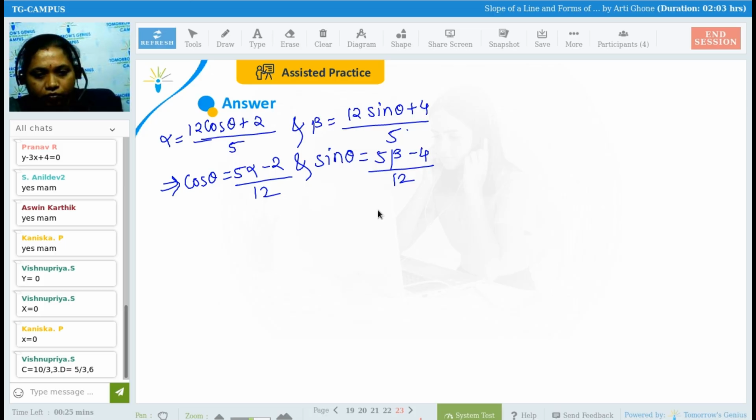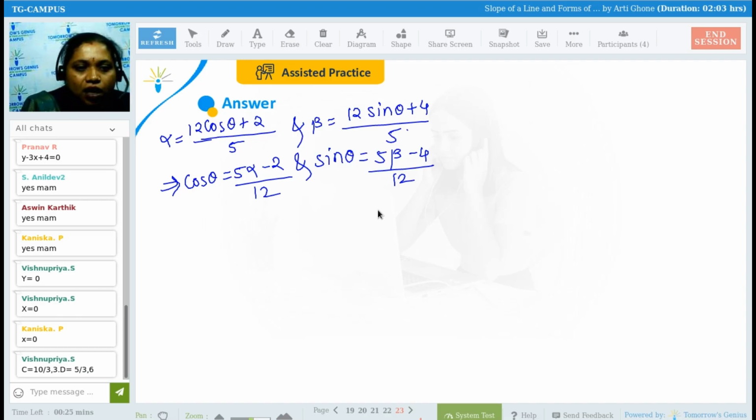Clear? Okay. Now we need to find the locus. By the section formula, we get cos theta in terms of alpha and sin theta in terms of beta.